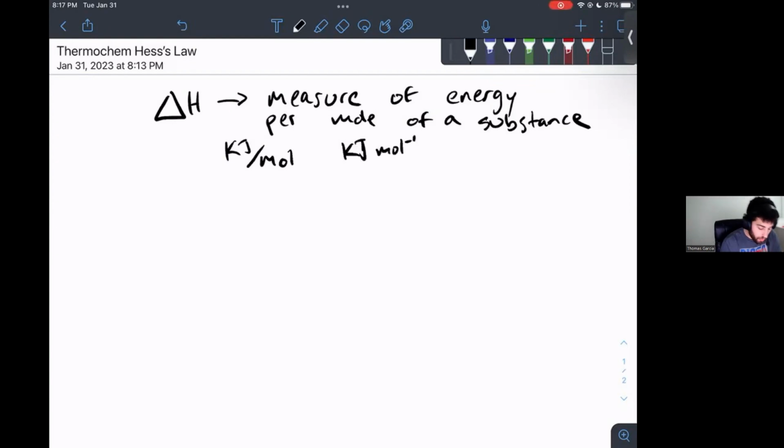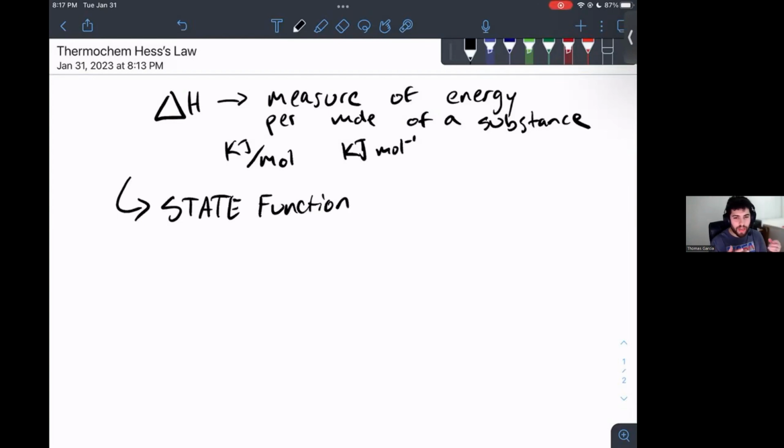DP book. So with that, one thing I also want to quickly talk about is that this is what we call a state function. What that means is that it only really matters where you start and end. All the middle parts don't matter at all.